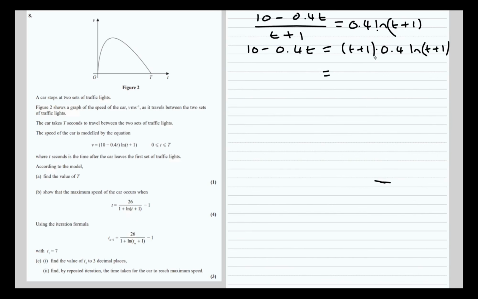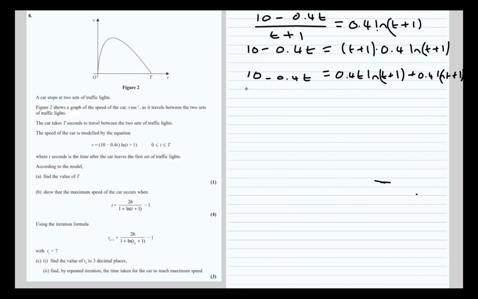Expanding this, we've got 0.4t ln(t plus 1) and just 0.4 ln(t plus 1). That's equal to 10 minus 0.4t. Let's get rid of these 0.4s. To get rid of the 0.4s, we need to multiply everything by 2.5.